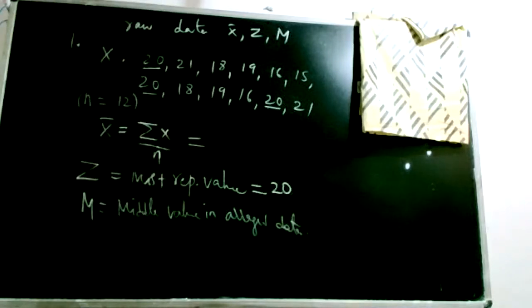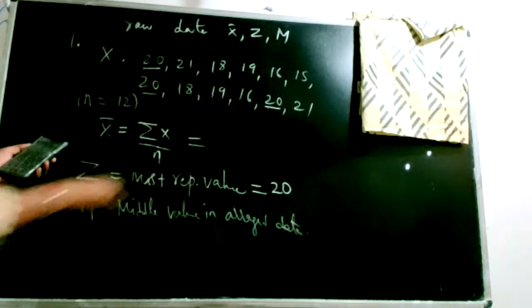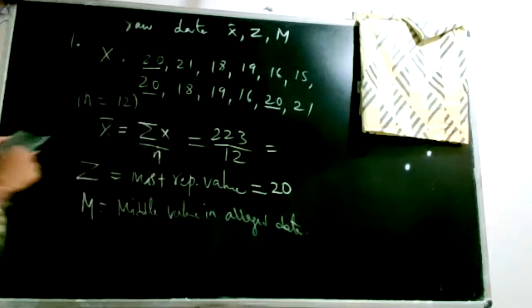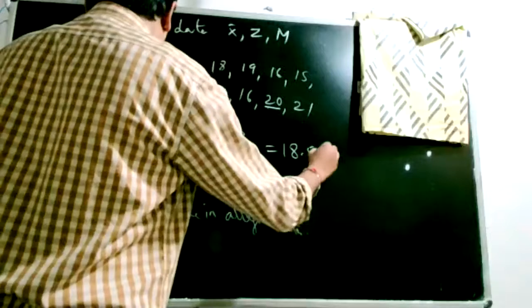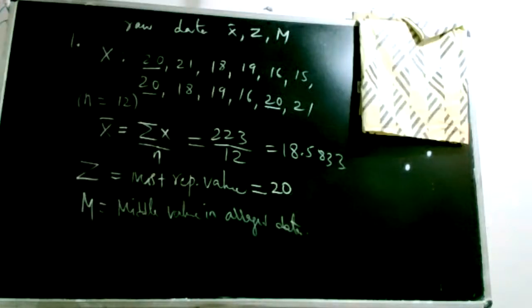Now if you look into the total of x, we have 20 plus 21 plus 18 plus 19, 16, 15, 20, 18, 19, 16, 20, 21, which comes to 223. So 223 divided by 12 is equal to 18.583.